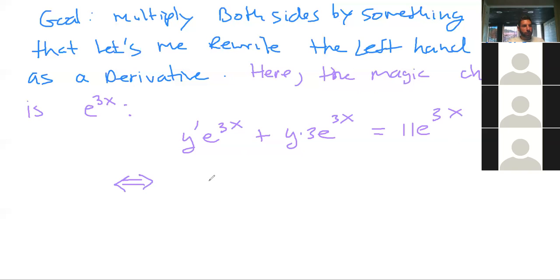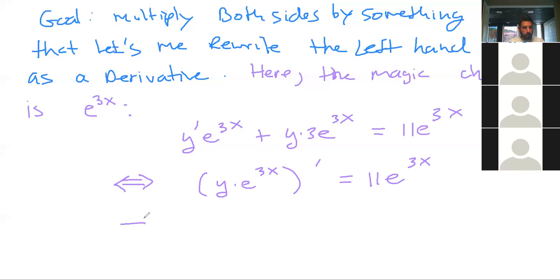Now I have the product rule here: y prime times something plus y times the derivative of that something. So this really collapses to y times e to the 3x, quantity prime, equals 11e to the 3x.